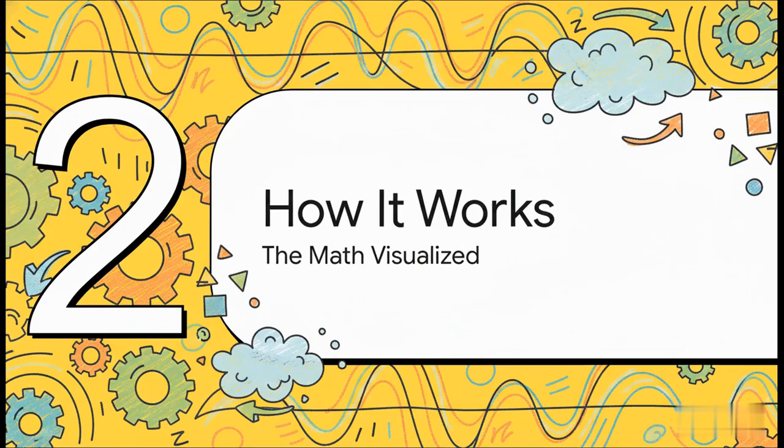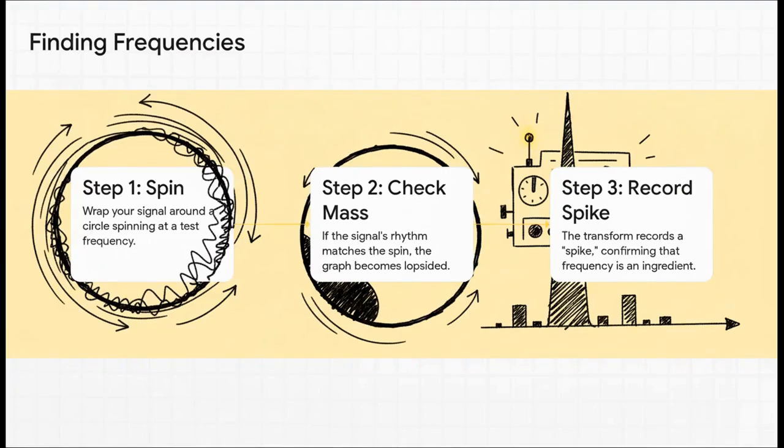Okay, so how does this thing actually work? How does a piece of math unmix a signal and find all the ingredients? Well, it's actually a pretty cool and elegant process. So here's the best way to picture it. First, imagine taking your signal and wrapping it around a circle. Now this circle is spinning at a very specific speed, let's say 10 times a second.